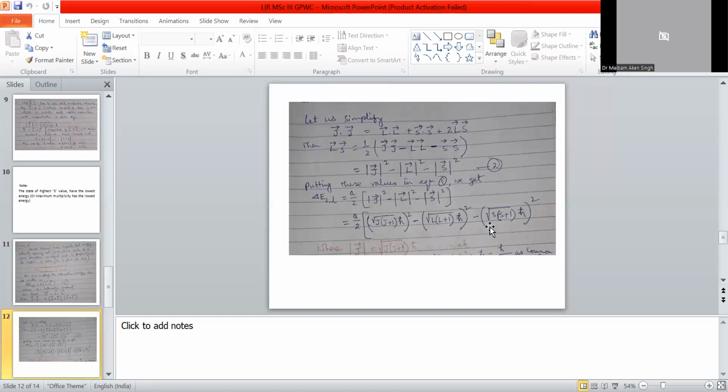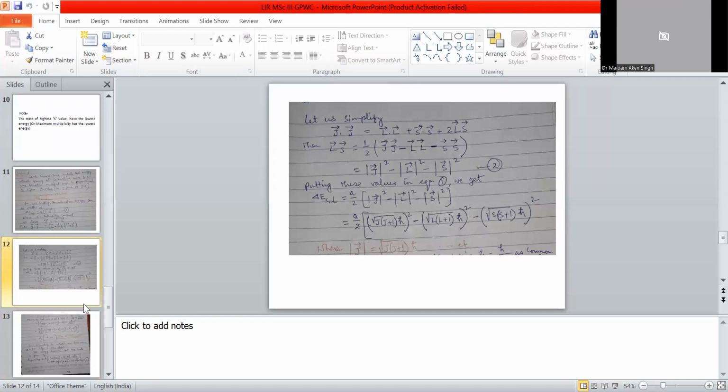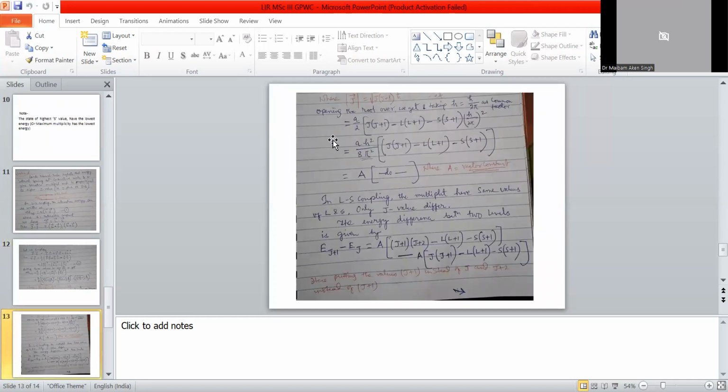In similar manner we put this for L and S. Like this we can write similarly for L and S. Then we open the root and take the reduced Planck's constant, that is Planck's constant divided by 2 times pi, as the common factor, with the square as in the above part.